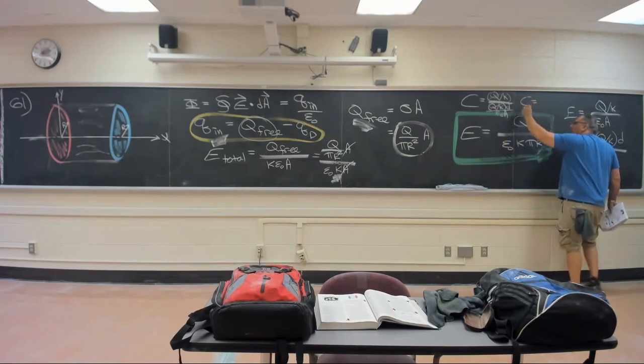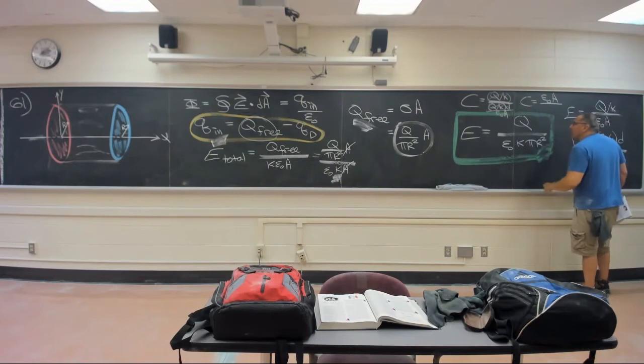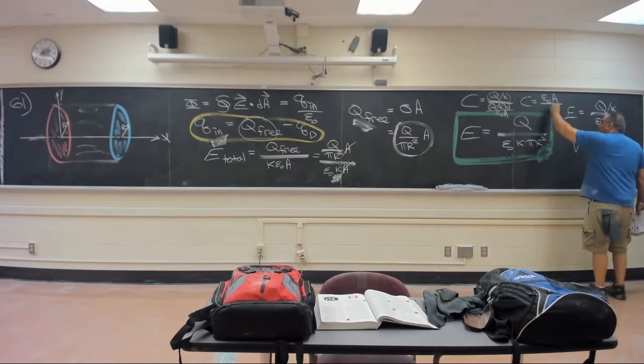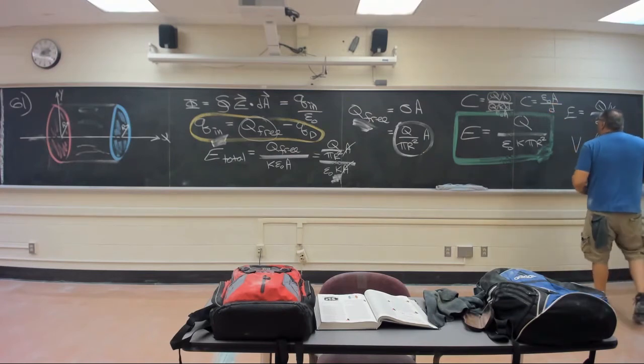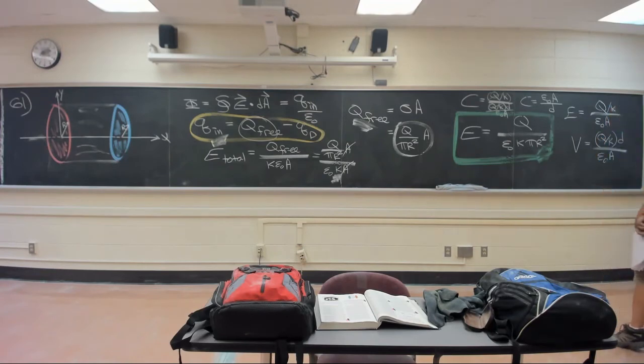C becomes epsilon naught A over D, for the capacitor.